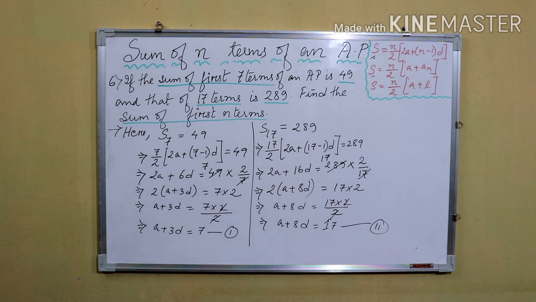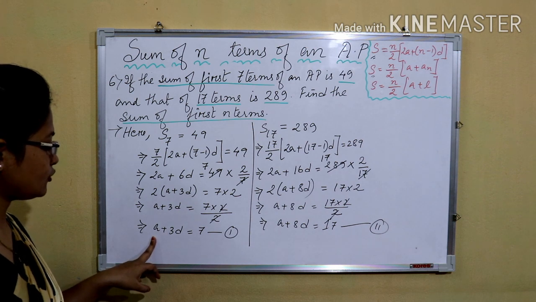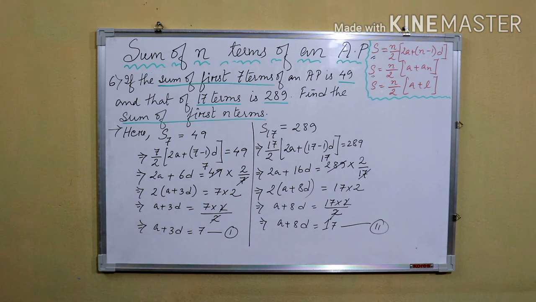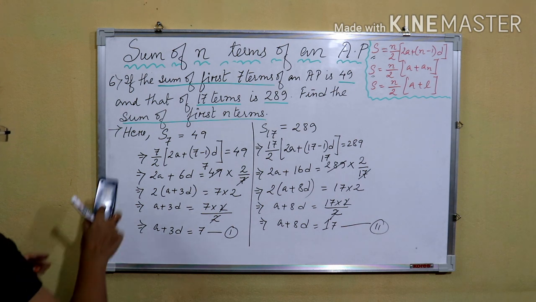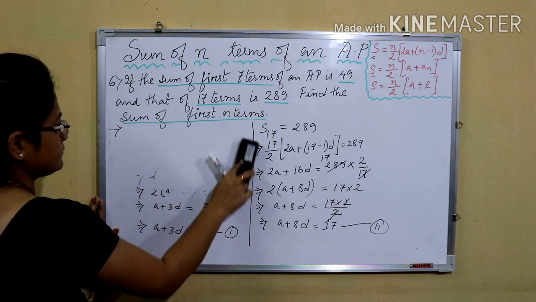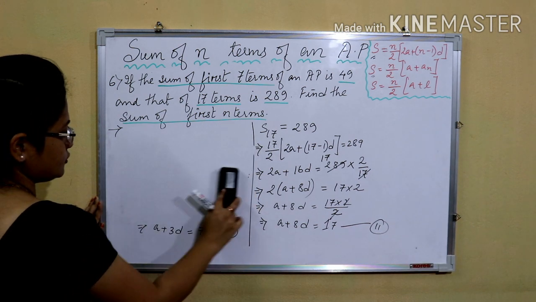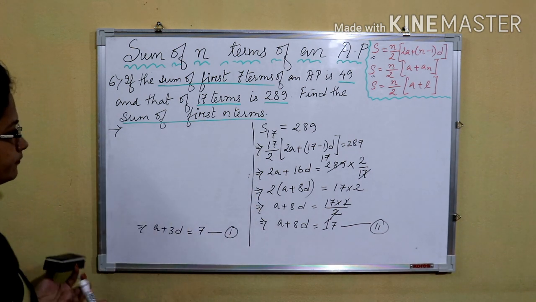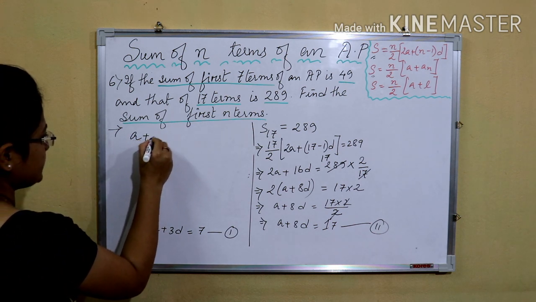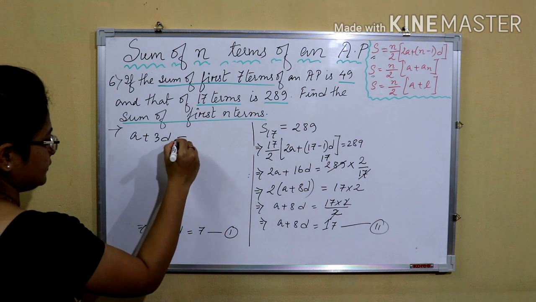So by solving these two equations, we will be getting the value of a and the value of d. So the equations are a plus 3d equal to 7.